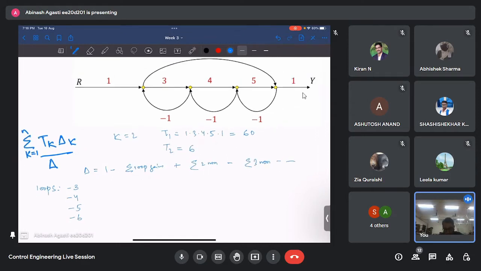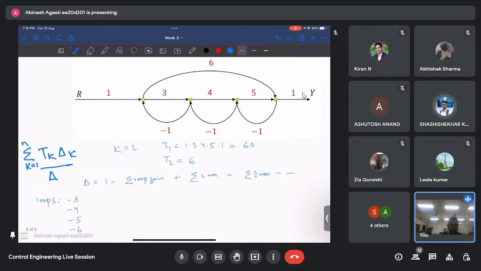Okay, so these are the 4 individual loops. Now tell me if there is a pair of non-touching loops. Minus 3 and minus 5. Okay, minus 3 into minus 5. These two are non-touching. Any other pair if we take from these 4, we'll see that they are touching. So the gain is minus 3 into minus 5, 15.